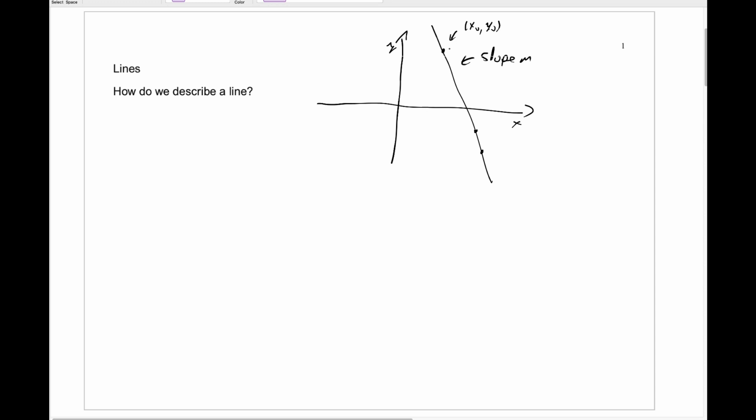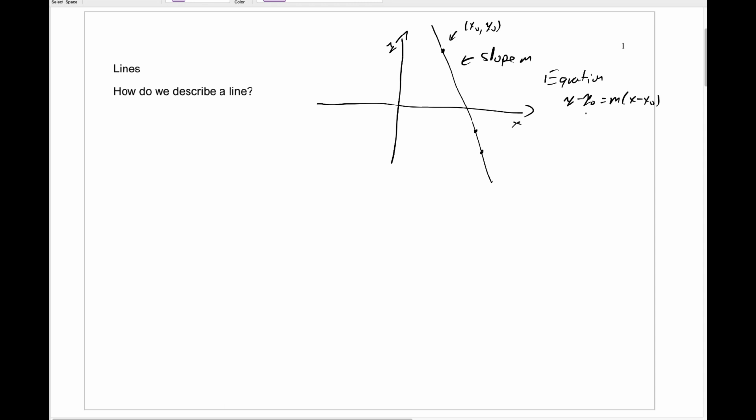Is it easy to describe a line which contains this point x naught, y naught, and has slope m? Well, yes, you all know how to write what we call the point slope form of a line. A line containing this point with slope m has equation y minus y naught is equal to m times x minus x naught.